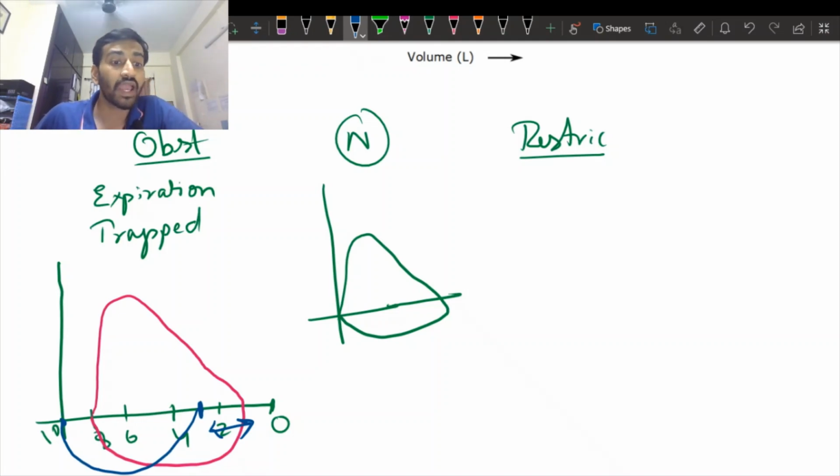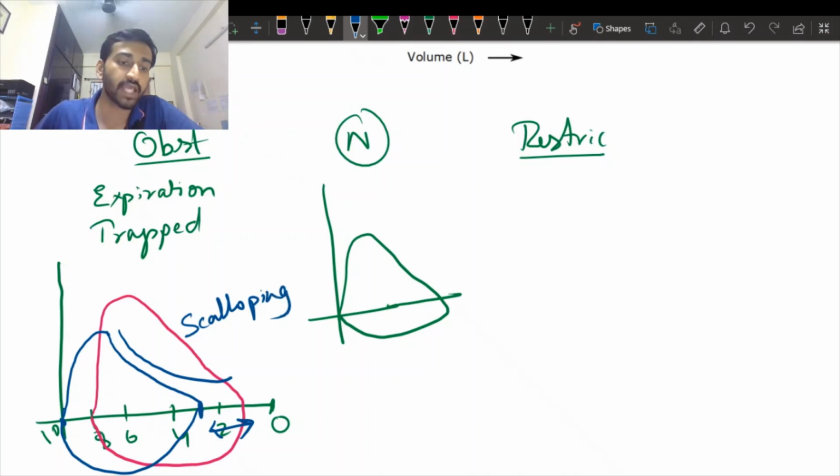Okay, in expiration, the flow is obstructed. Do you think it will reach the normal? No. After which the PEFR decreases, and after which there is a small decline. See this graph, see this shape, this is called scalloping.